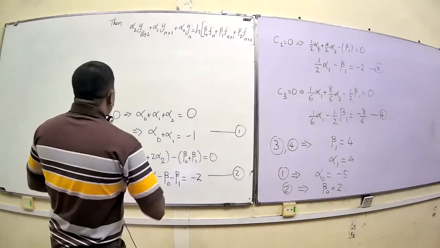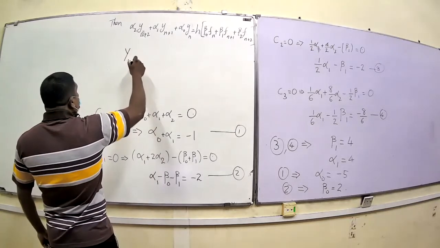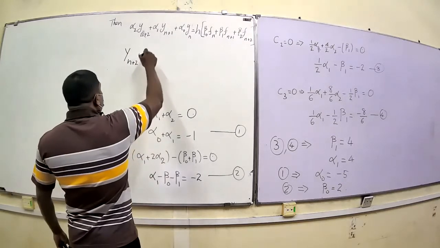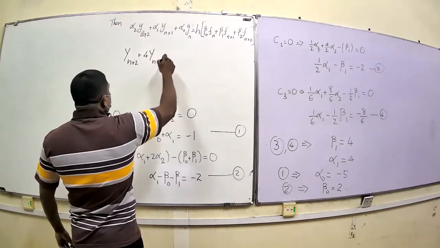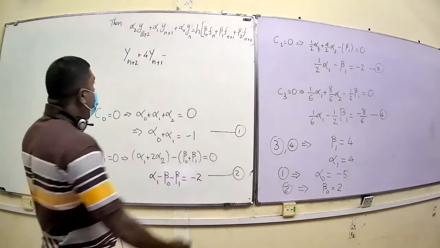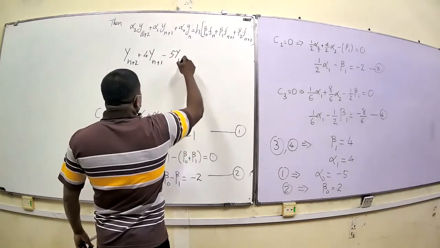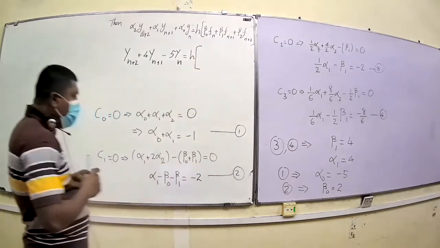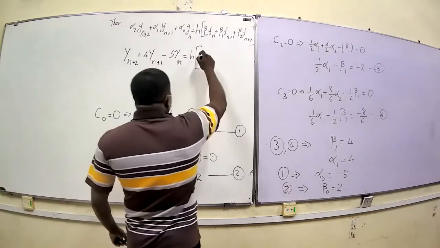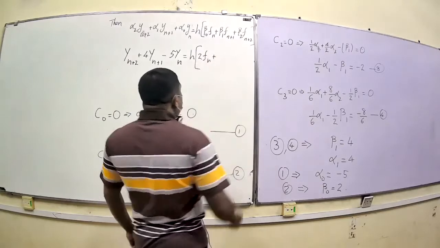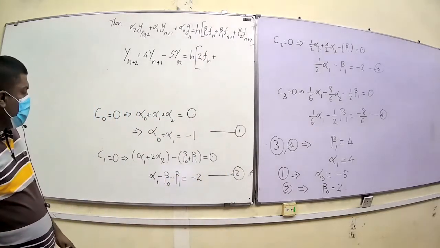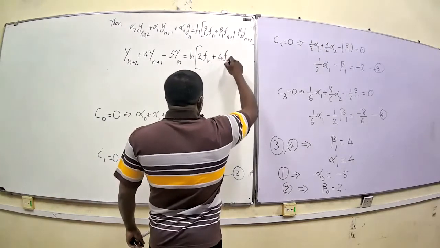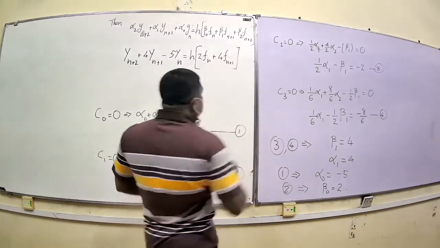Now you substitute the values. The alpha 2 is 1, so y n plus 2, alpha 1 is 4, so plus 4 y n plus 1, alpha naught is minus 5 y n, is equal to h times beta naught is 2 f n plus beta 1 is 4 f n plus 1, and then beta 2 is 0.